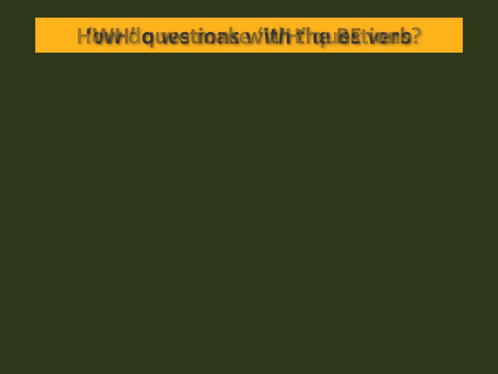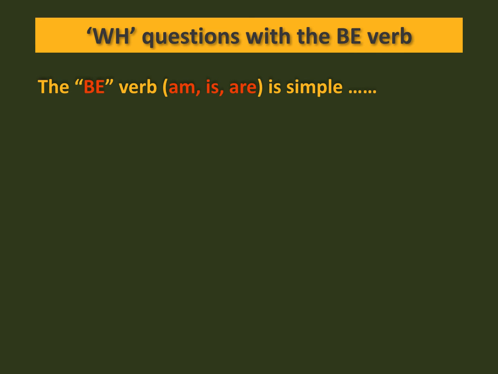Right, let's take a look. If you studied the previous lessons, you will remember that changing the be verb sentences was quite easy. It's the same for yes-no questions. The yes-no question is made by moving the be verb before the subject.